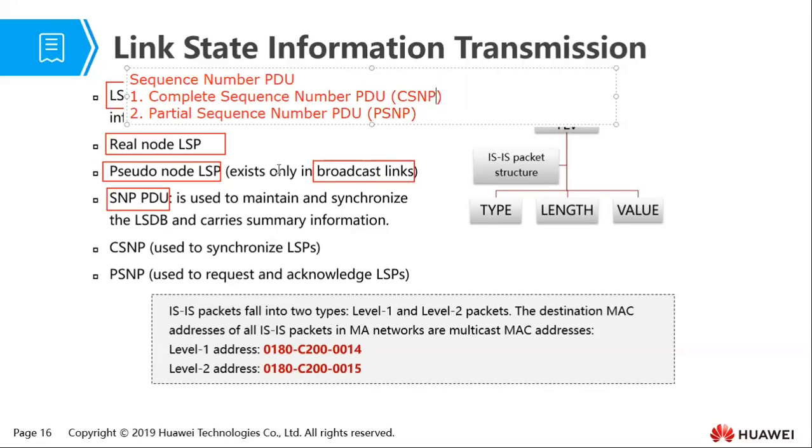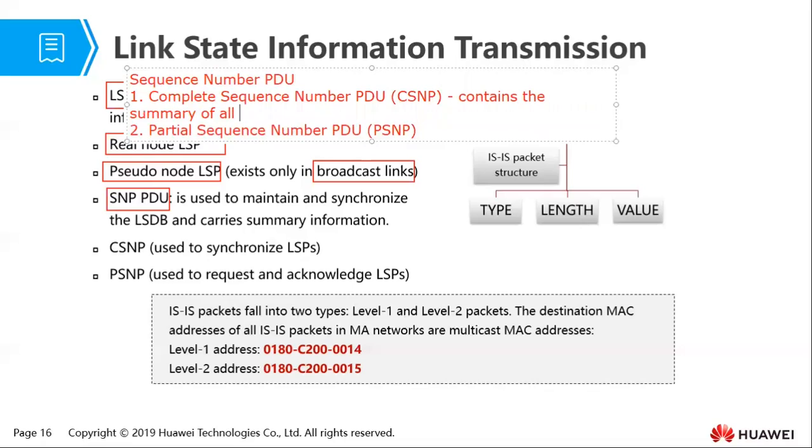Now these are sequence number PDUs that are used to maintain and synchronize the LSDB, and they carry the summary information. Now, generally, CSNP is used to carry the summary. So let me just write, it contains the summary of all link state PDUs in an LSDB.